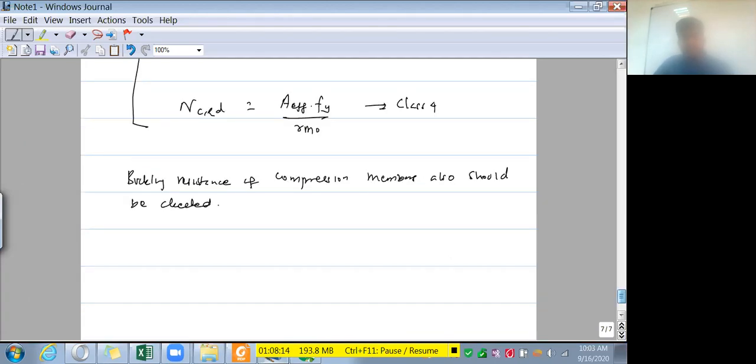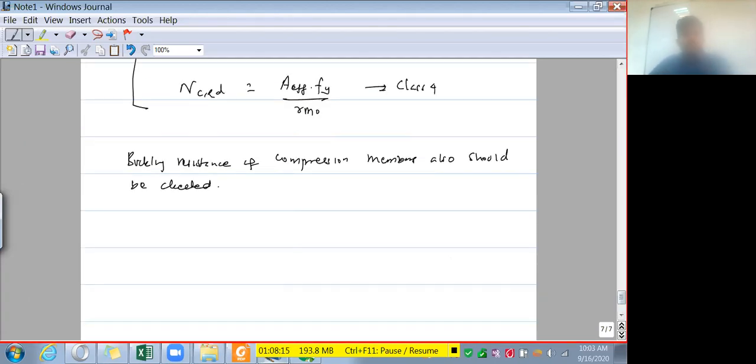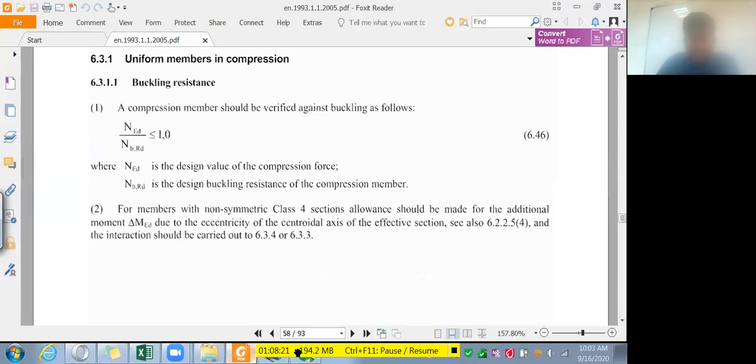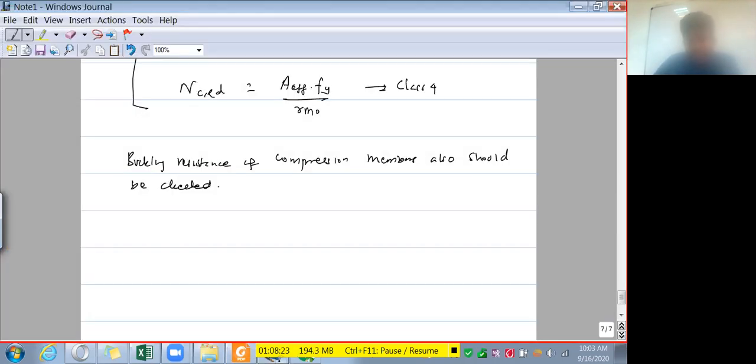So how to do this? How to do the check? Now, if you have a member which is under compression, there are two possibilities. The member under compression, either it can crush.